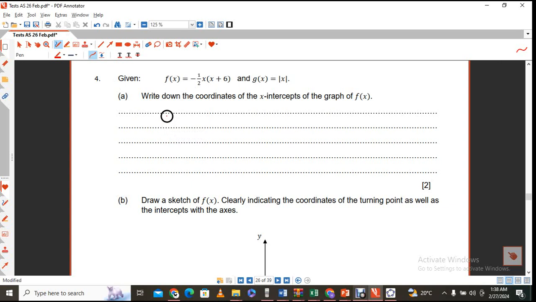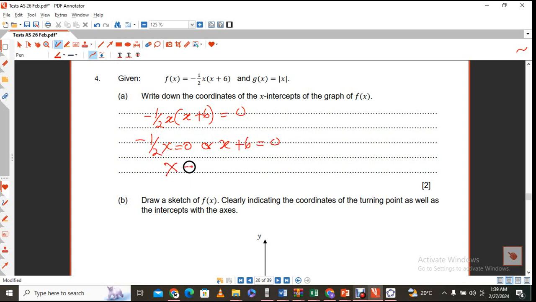But in this particular case, they say write down the coordinates of the x-intercept of the graph of f of x, and you are supposed to give your answer as a coordinate. So you take negative a half of x and let that equal 0. So negative a half of x equals 0, or x plus 6 equals 0.